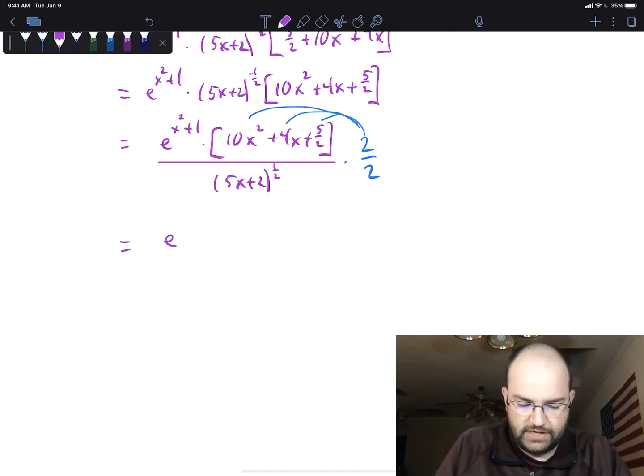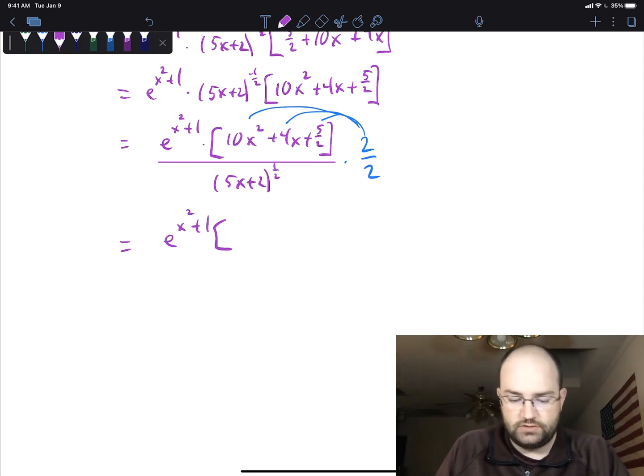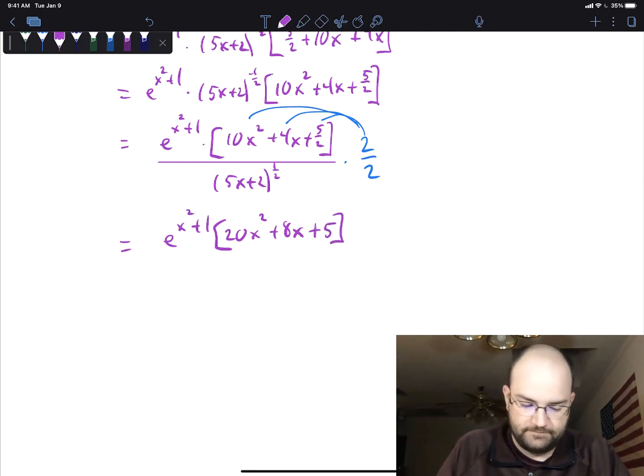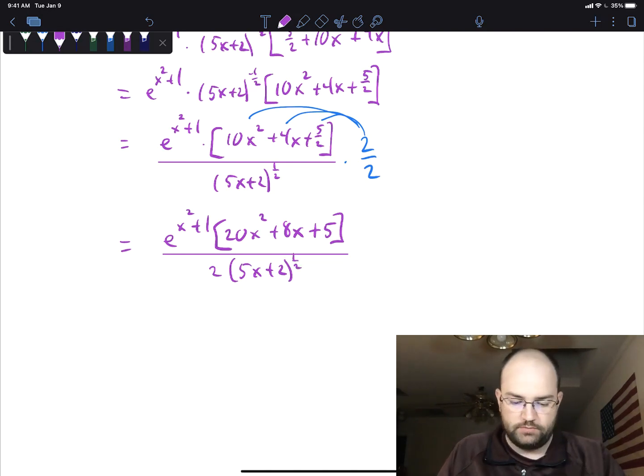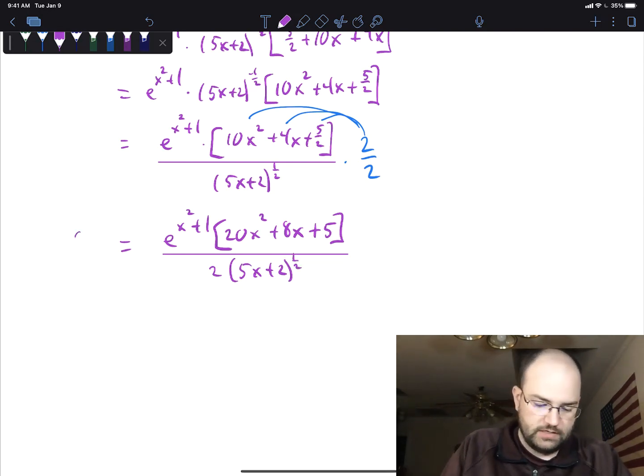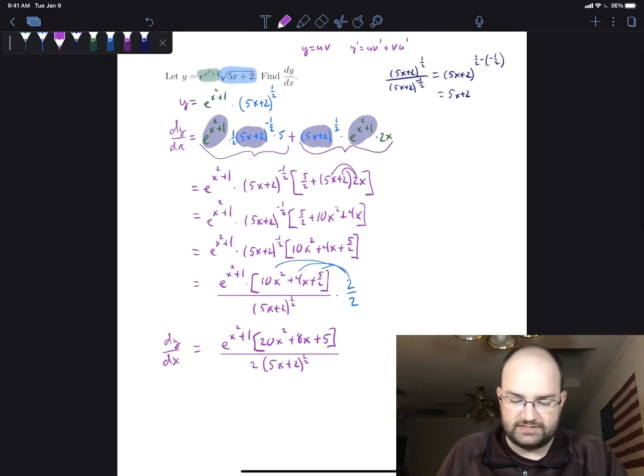In the numerator, we have e to the (x squared plus 1). And then distributing that 2, that gives us 20x squared plus 8x plus 5, because 5 halves times 2 is just 5. And then all over, and we still have the 2, parentheses (5x + 2) to the half power. And there you go. That is dy/dx.